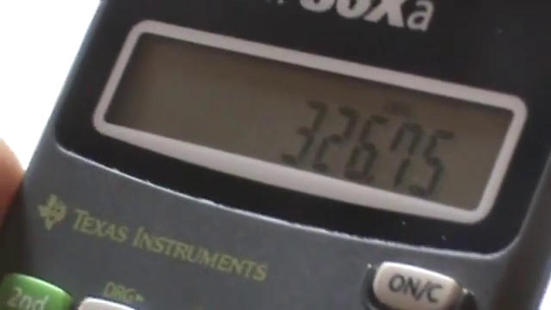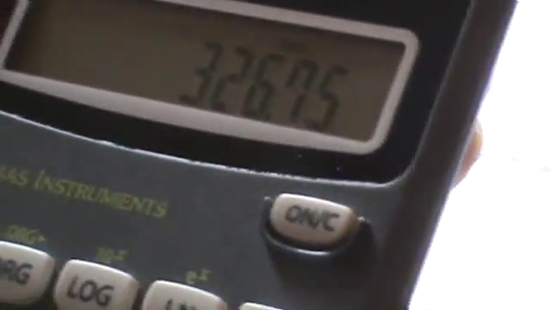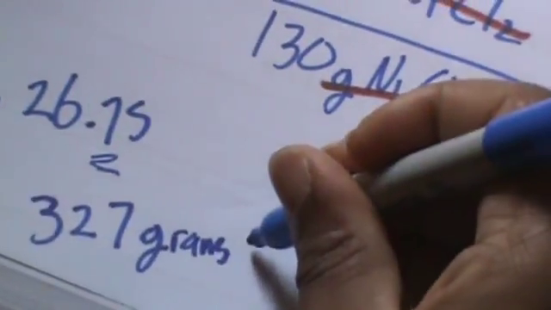But remember, we're looking for 3 significant figures, so the answer is going to be 327 grams of silver nitrate, of AgNO3, and this is the answer right here.